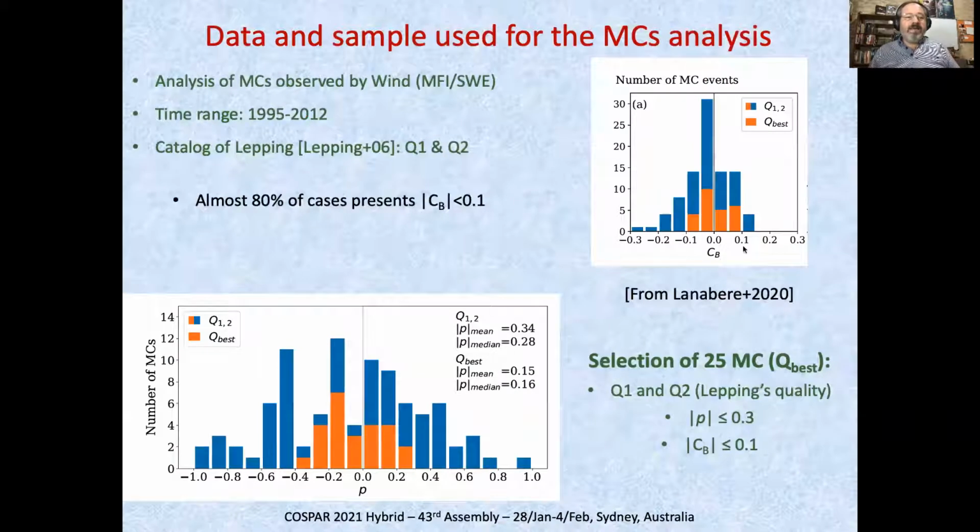And then this is the histogram of CB, which shows our sample, which is based on observations of Wind in this period of time, using the catalog of Lepping, only considering quality 1 and quality 2, and also filtering by symmetry using this parameter in such a way that the modulus of CB is lower than 0.1.